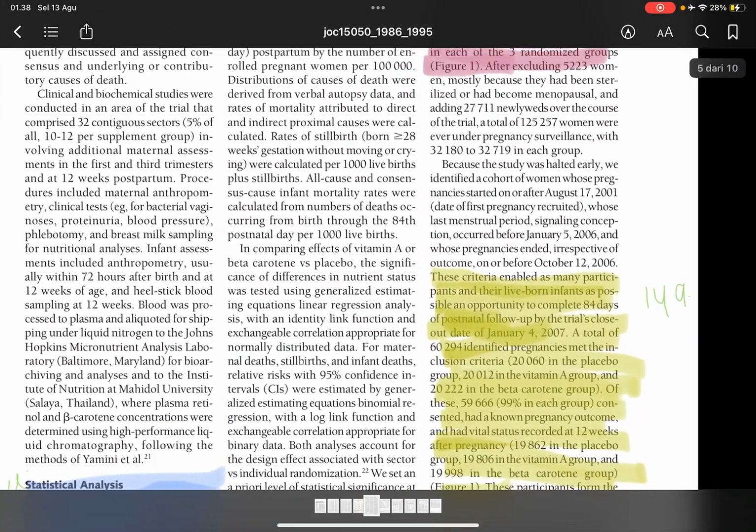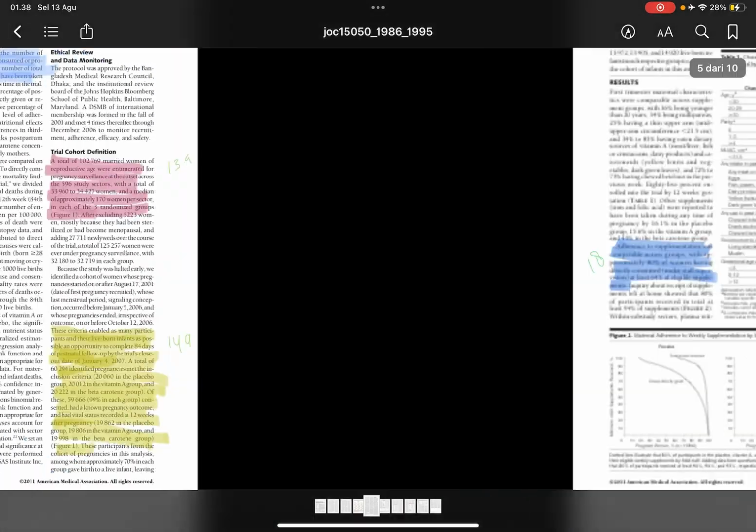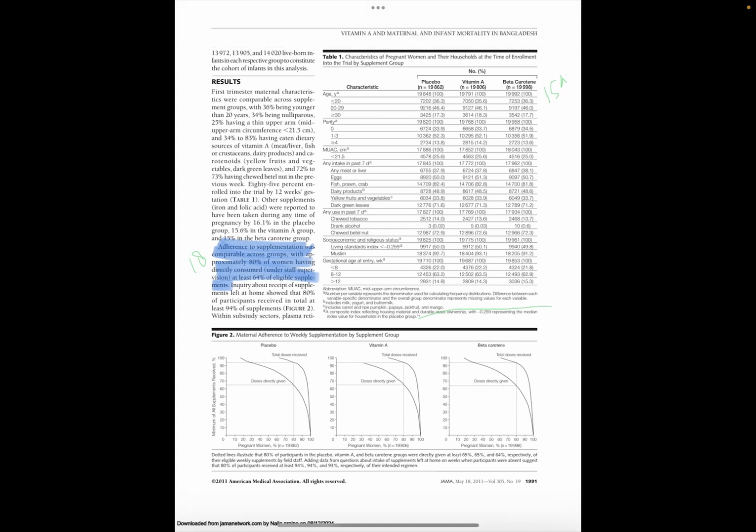I'm sorry, for point 14A, dates defining the periods of recruitment and follow-up. It says this criteria enabled as many participants and their live-born infants as possible the opportunity to complete 24 weeks of postnatal follow-up to the trial's close date of January. Okay, we move to the next page.